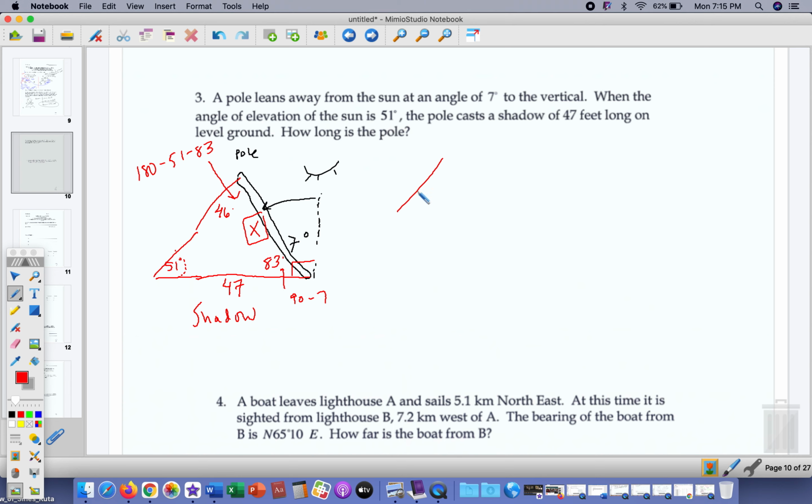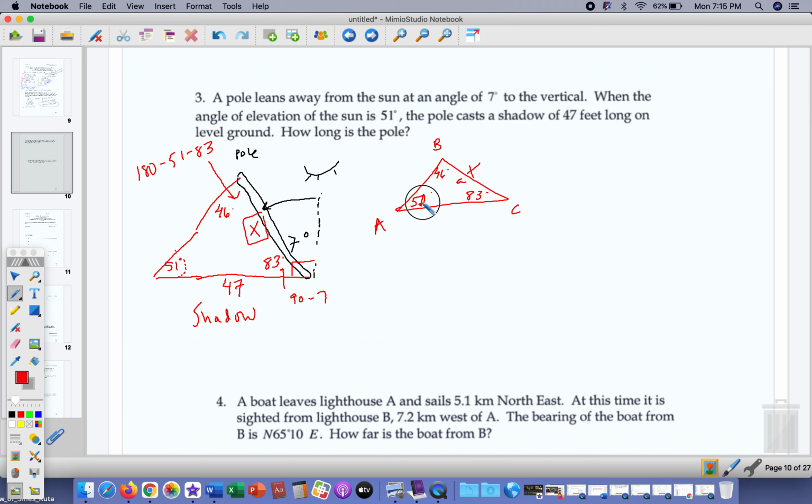So I'm going to come over here and redraw this triangle. We have A, B, C. We want x, which is little a. We have 51 degrees, we have 46 degrees, and we have 83 degrees.